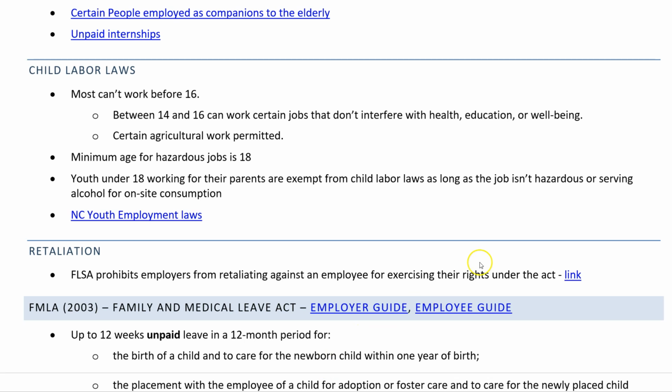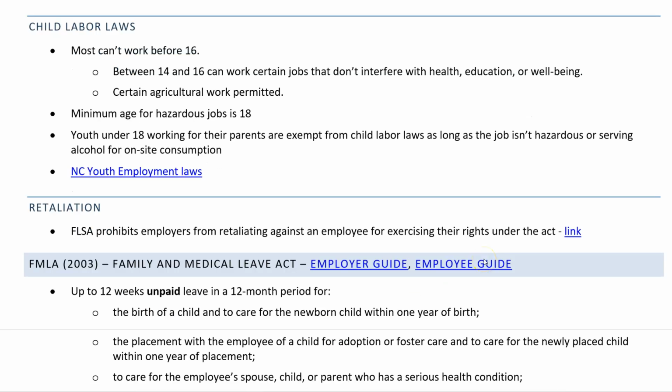Let's move on to child labor laws, much shorter section here. The long and short of it is that most children can't work before the age of 16. Some children between the ages of 14 and 16 can work certain jobs that don't interfere with their health, their education, or their well-being.